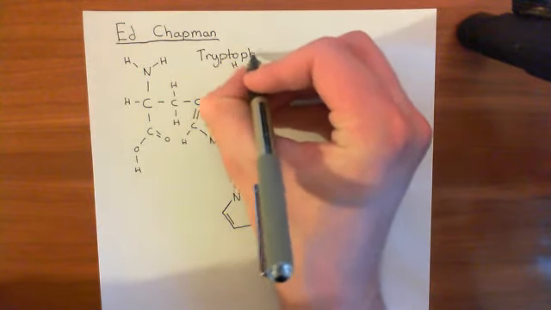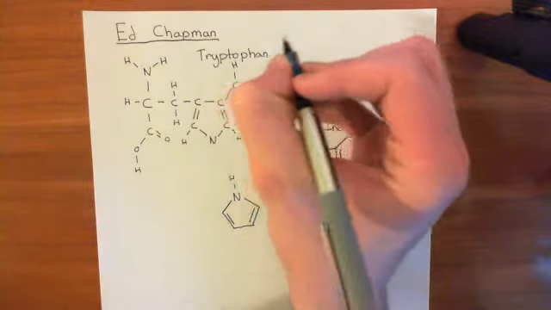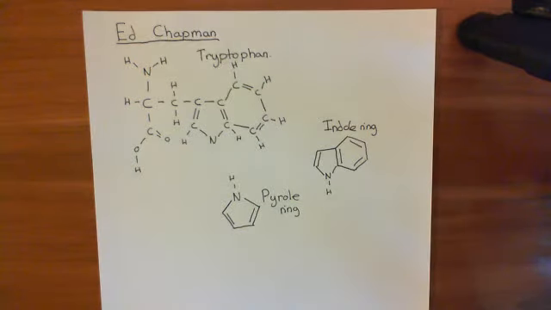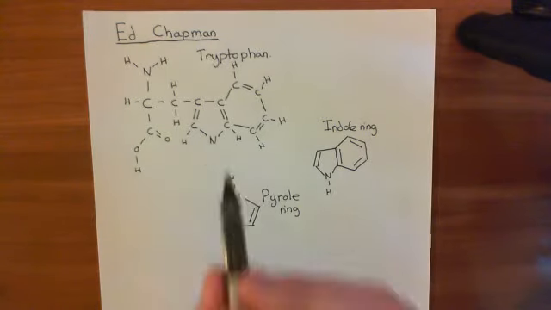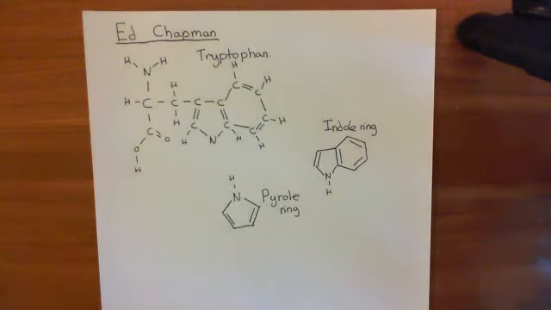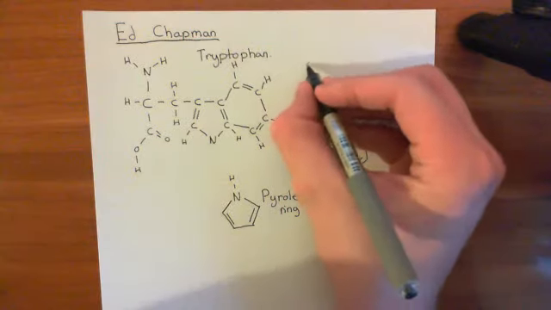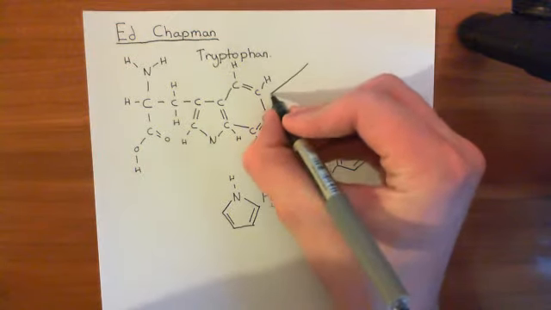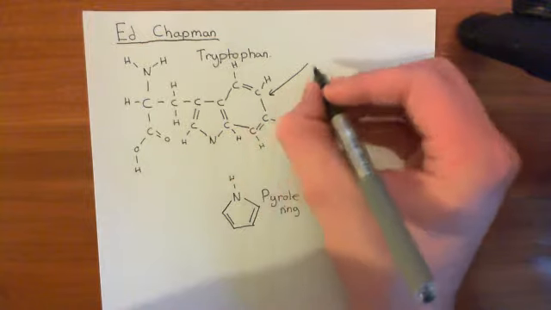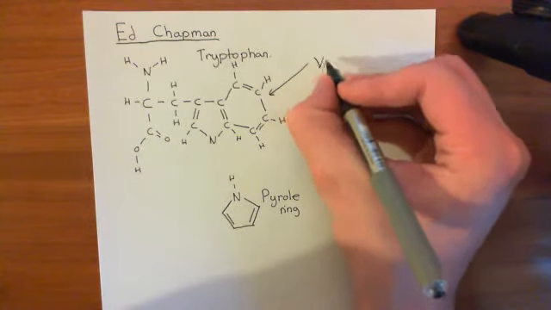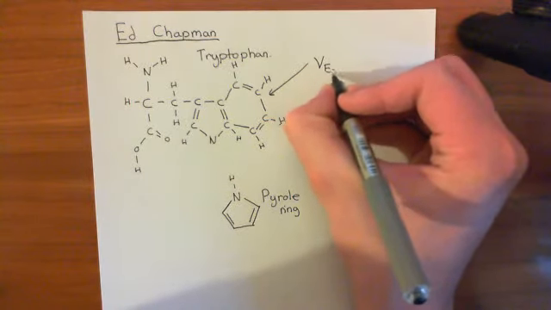Now, tryptophan is interesting to biochemists because it has its own fluorescence properties. This amino acid will fluoresce. What is fluorescence? Fluorescence means that you can shine radiation onto this molecule of a certain frequency, known as the excitation frequency.